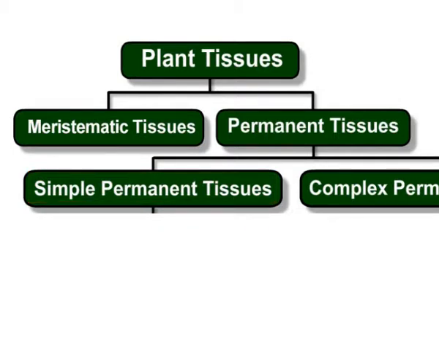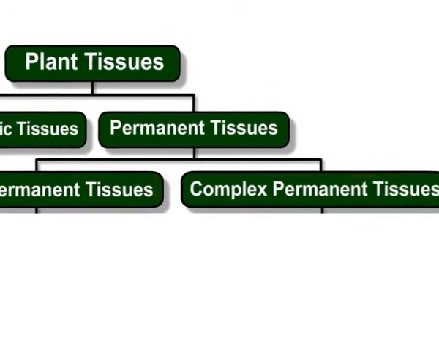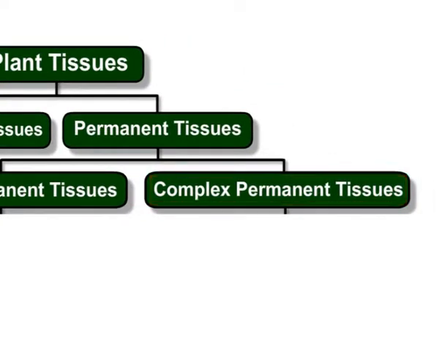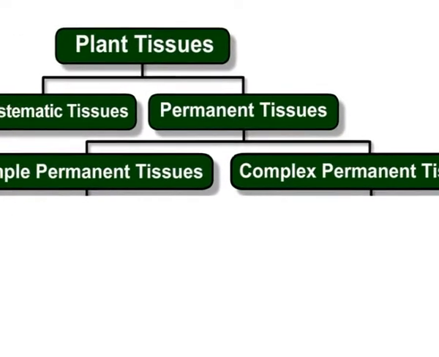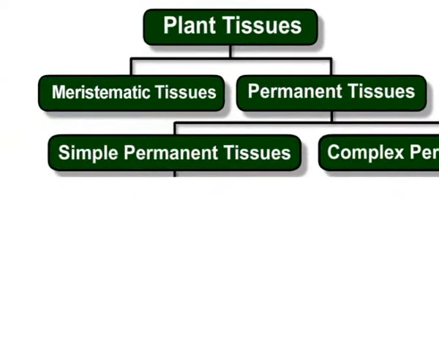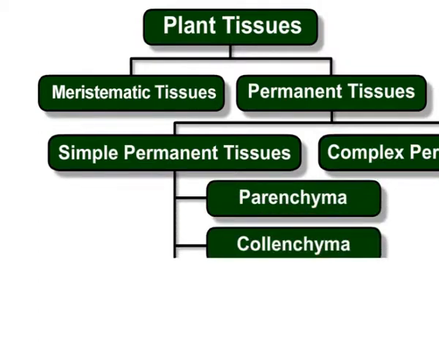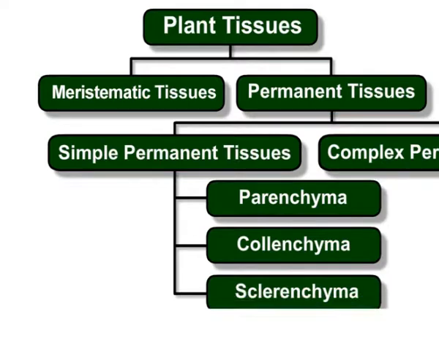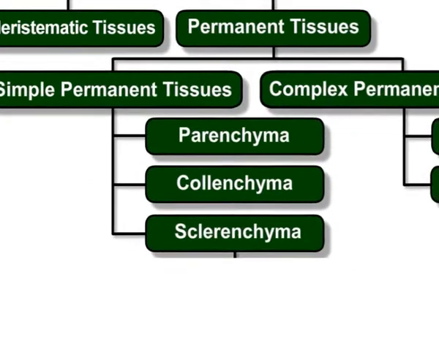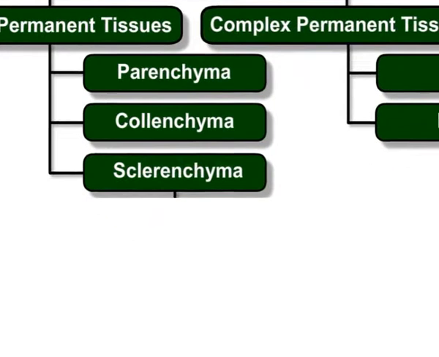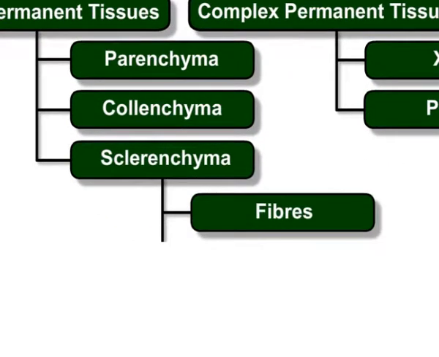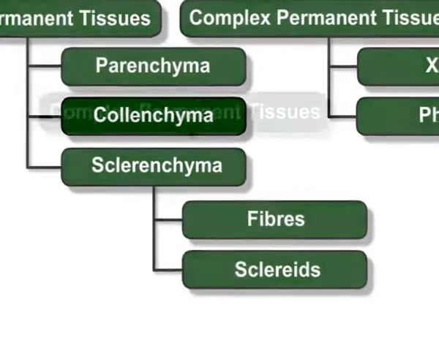Permanent tissues having different types of cells are called complex permanent tissues. Simple permanent tissues are further subdivided into three types: parenchyma, collenchyma, and sclerenchyma. Sclerenchyma tissue is further subdivided into two types: fibers and sclereids.